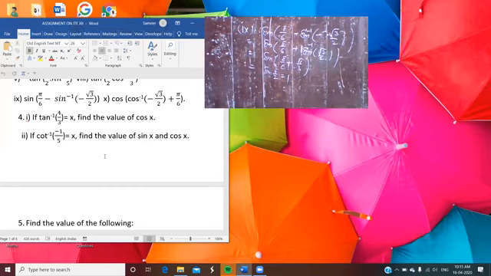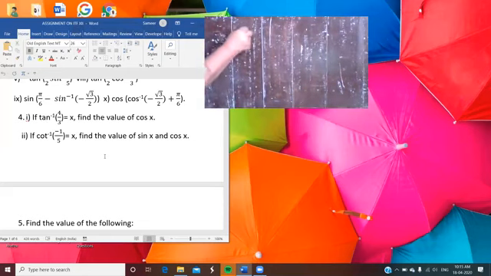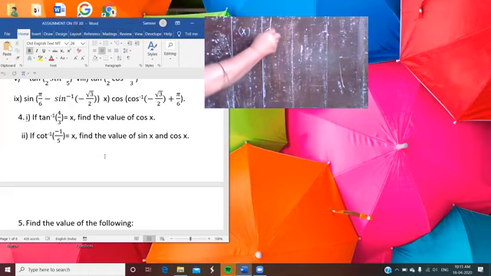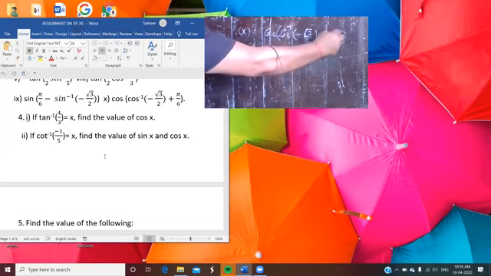In the same way, you can also find the value of the 10th part. So just check how you simplify it. Here it is given cos inverse minus root 3 by 2 plus pi by 6.